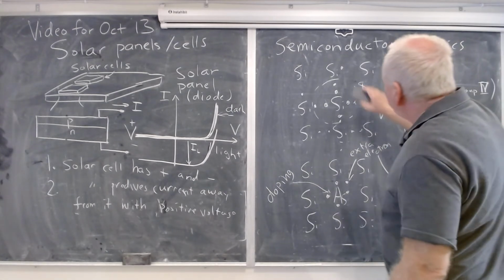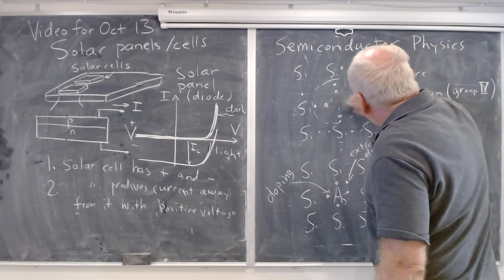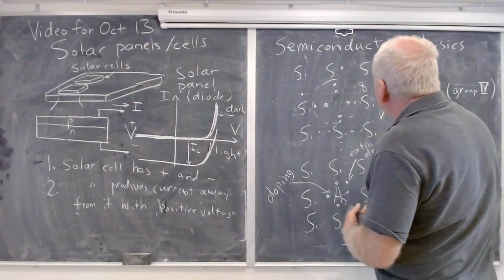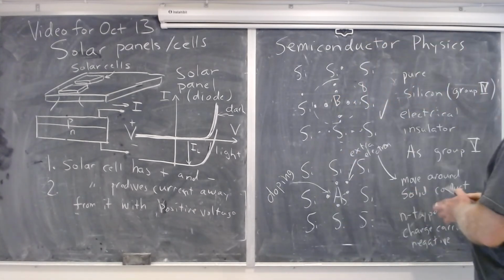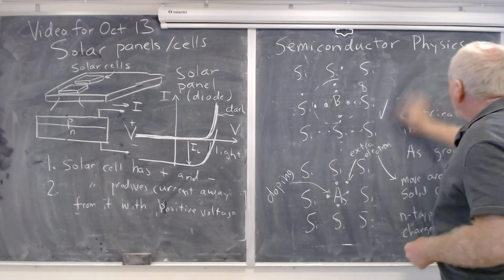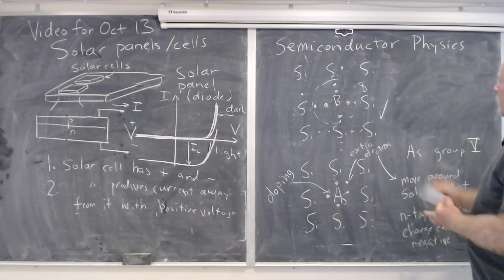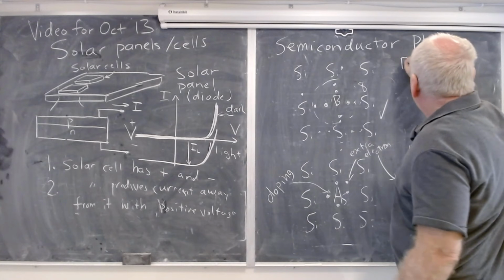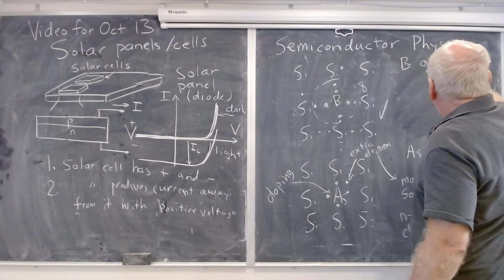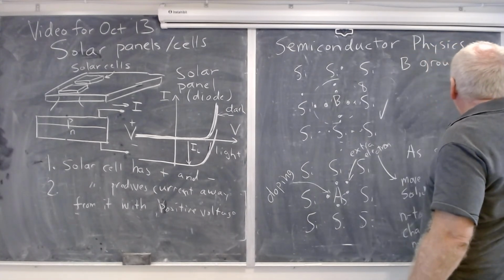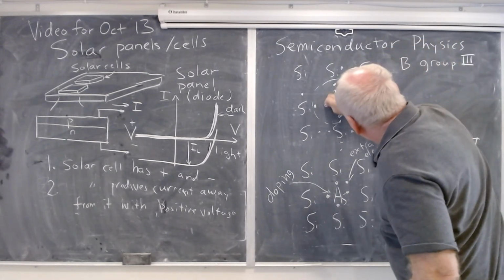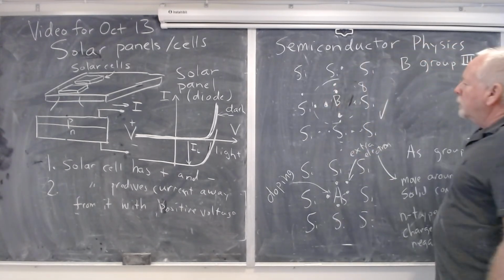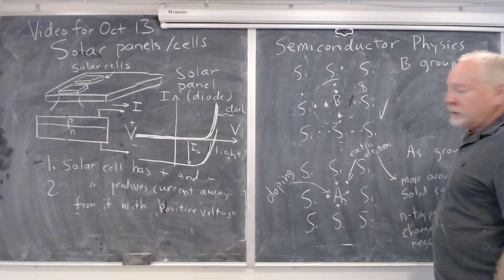All right, let's go up here, and now let's replace that silicon atom with a boron atom. Now boron is group 3, meaning it has 1, 2, 3 valence electrons.